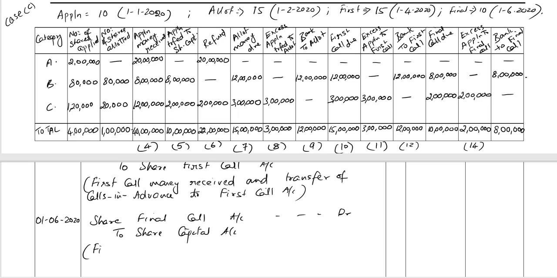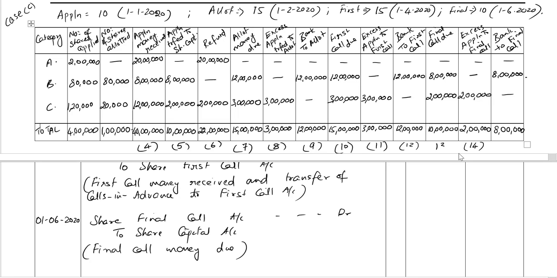Final call money due. The amount due on final call is the amount of the 13th column, 10 lakh rupees.